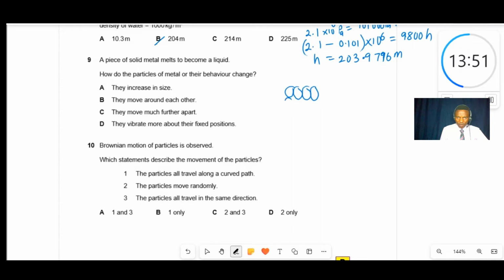When you heat it, it's going to melt. When it becomes liquid, the particles are a bit farther apart and they are free to move. So based on that, what is the correct answer? They move around each other. B.